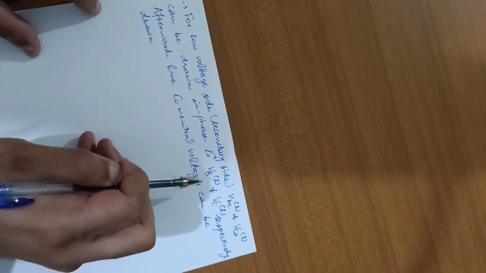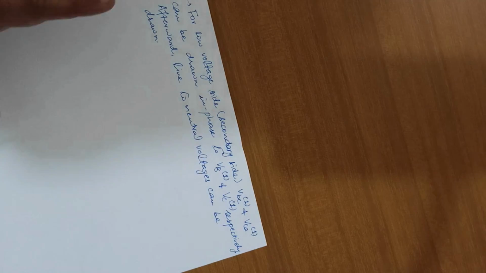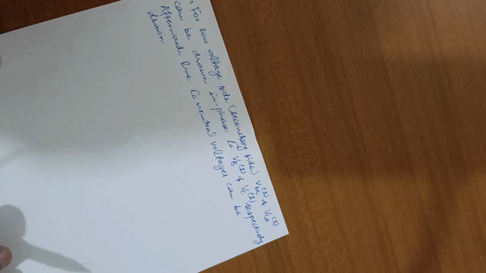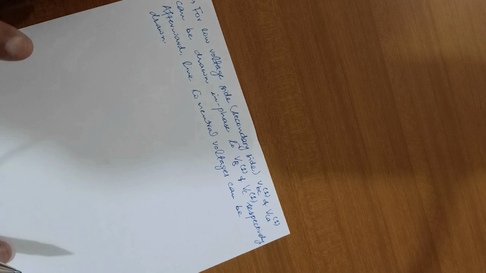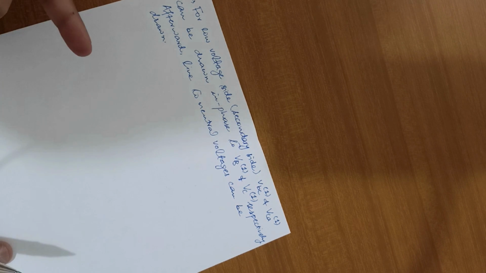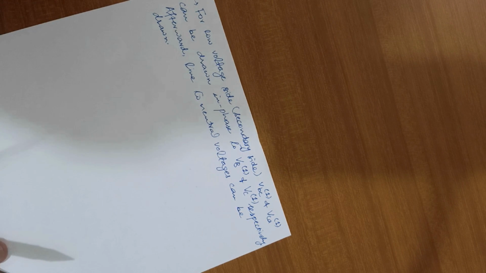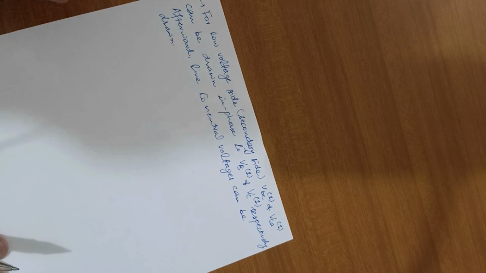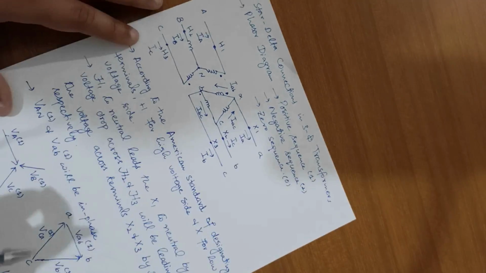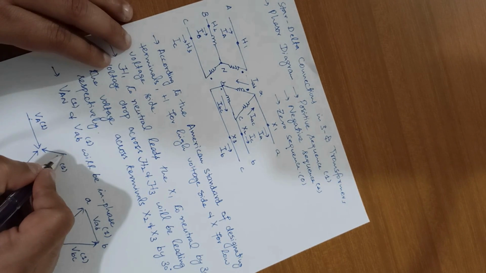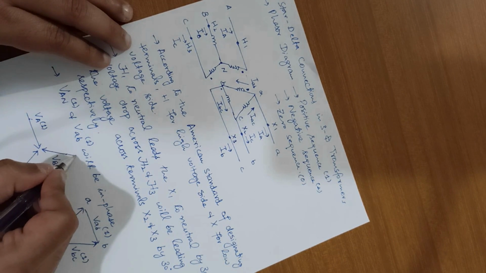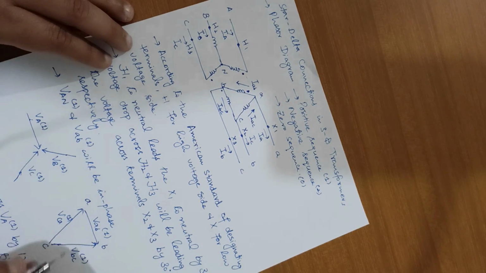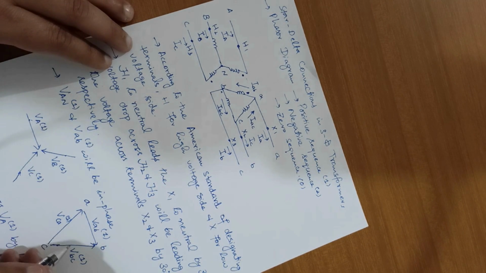Afterward, line to neutral voltages can be drawn, right? Line to neutral voltages will be drawn on which side? Secondary side, right? Whereas line to line voltages will be drawn on the primary side. Why will line to neutral voltages be drawn on the secondary side?